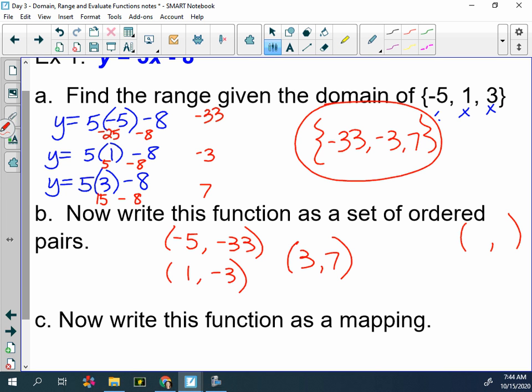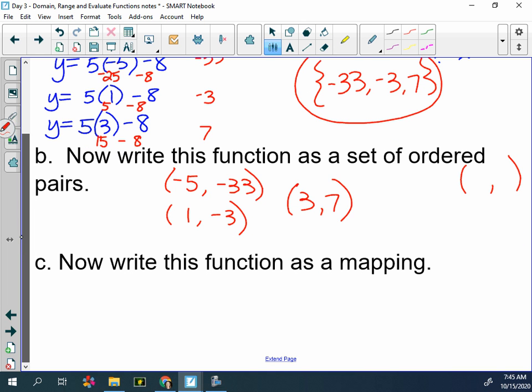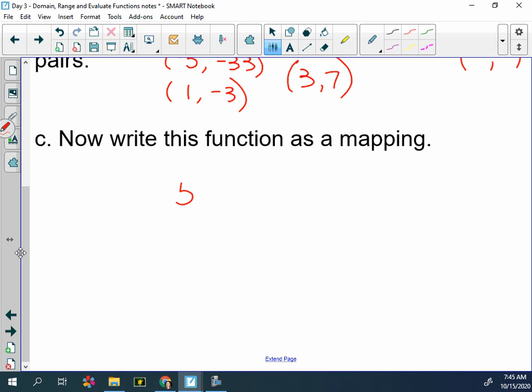And then finally, let's make that mapping diagram, just to show what that looks like. When you hear the word mapping, come to that visual of those two ovals. I would go smallest to biggest. Oops, that's biggest to smallest.